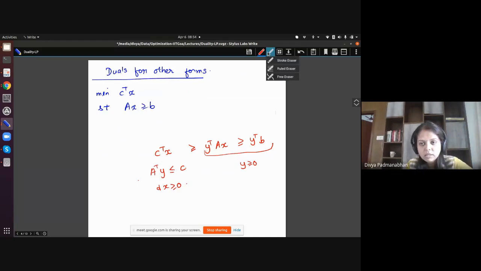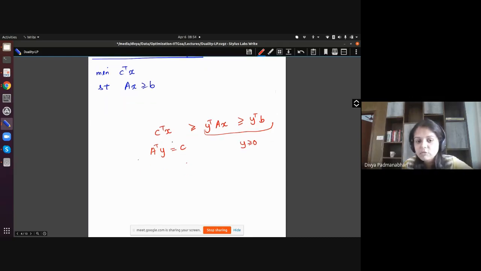So your best bet is to make this equal. That's the only case when you can ensure that this kind of relation holds true, because if x becomes negative, then this sign is going to change, and you may not get a lower bound anymore.